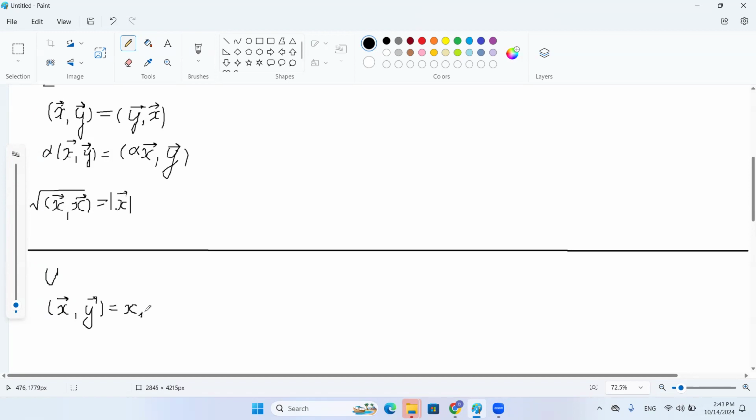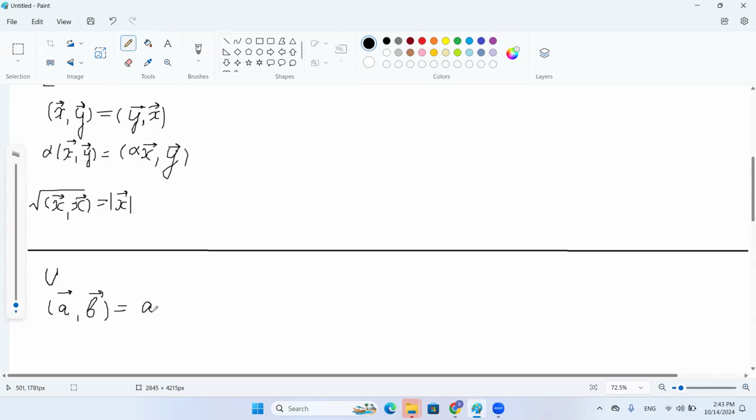Oh, it's better to mark them as A and B. So the scalar product in complex Euclid space, or unitary space, is also called the Hermite product.